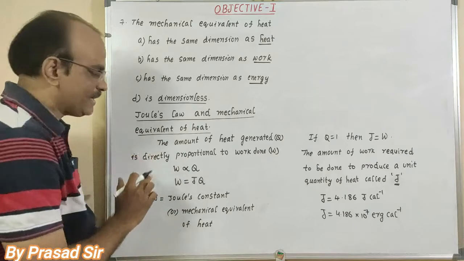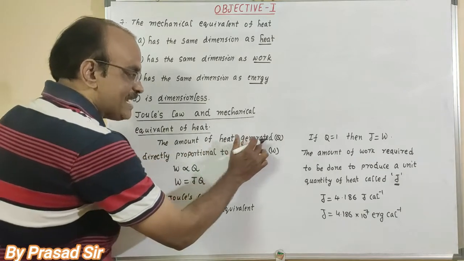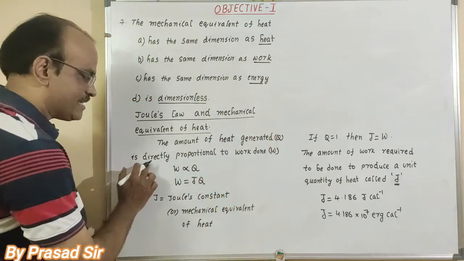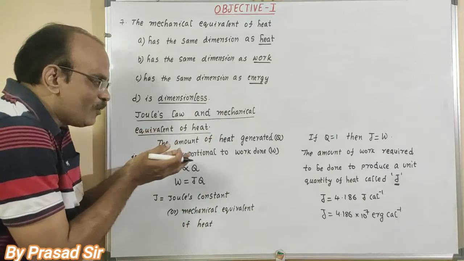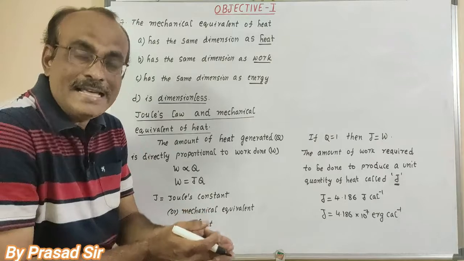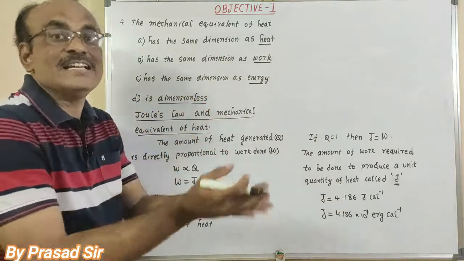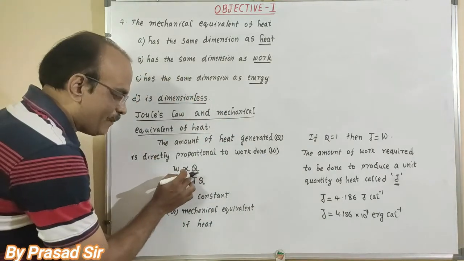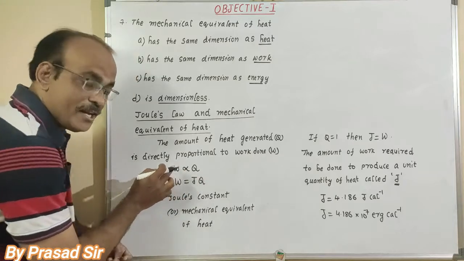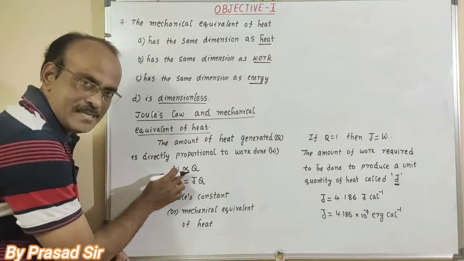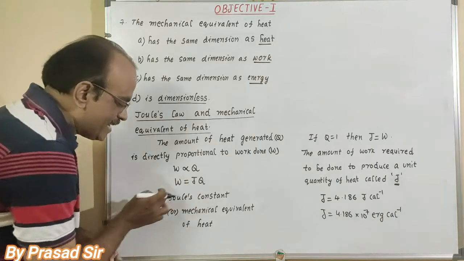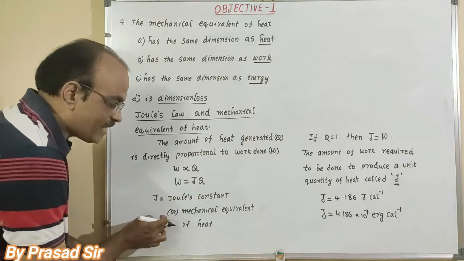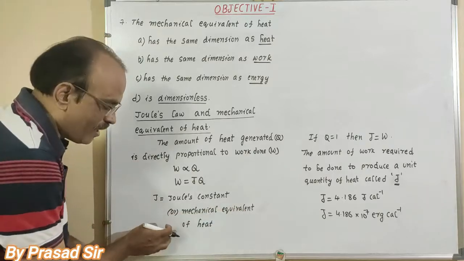Joule's law is nothing but: the amount of heat generated, that is Q, is directly proportional to the work done. That means the more work you do, that much heat is generated. So W is directly proportional to Q. Removing the proportionality symbol, we use W is equal to JQ. J is called Joule's constant, or otherwise the mechanical equivalent of heat.